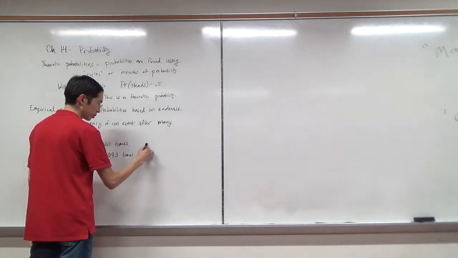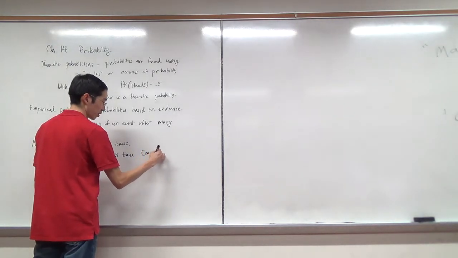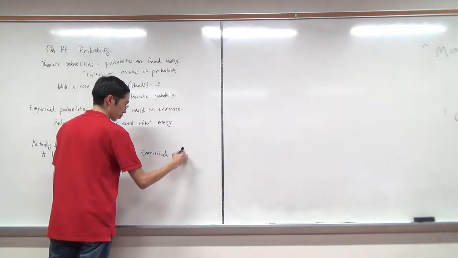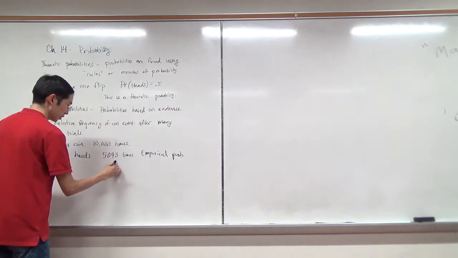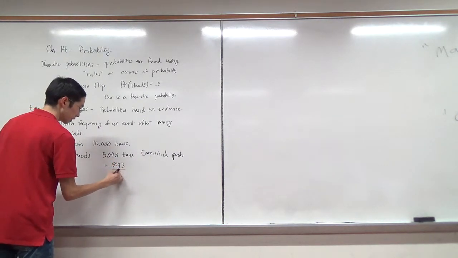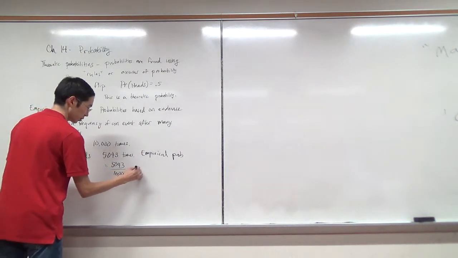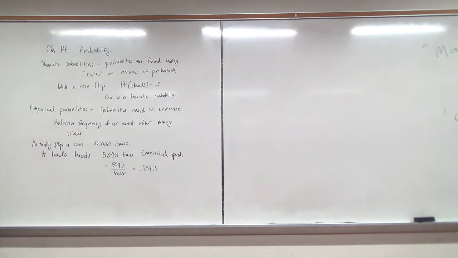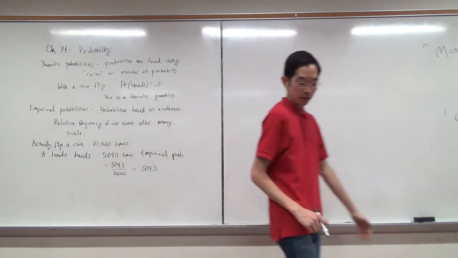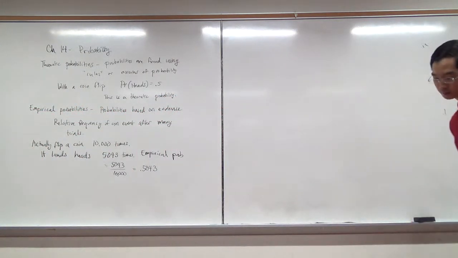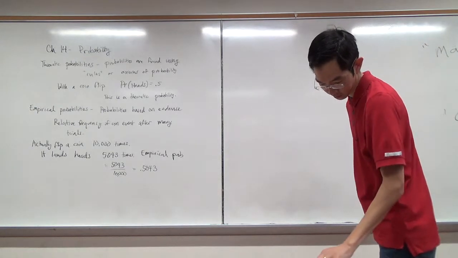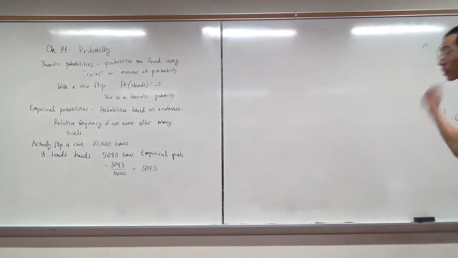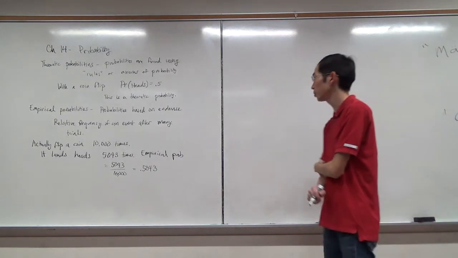So the empirical probability is equal to 5043 over 10,000, or 0.5043. Okay, so we have the theoretic probability and the empirical probability.